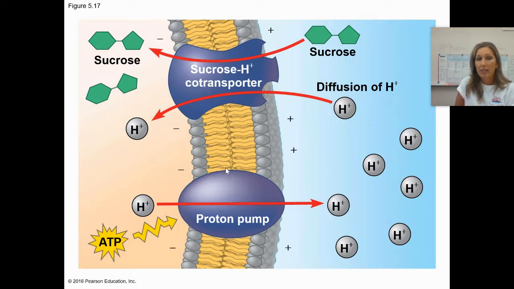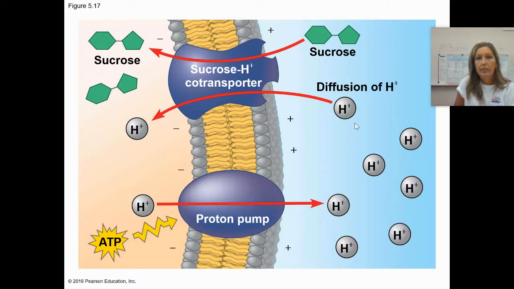And so sometimes what the cell will do is use ATP to create the high concentration gradient, but then in order to power this co-transporter, when I have these charged protons diffusing back through, well, that gives enough power to this co-transporter to now move sucrose in. So that's my example of co-transport and setting up this proton gradient or electrochemical gradient in order to then power other activities in the cell.